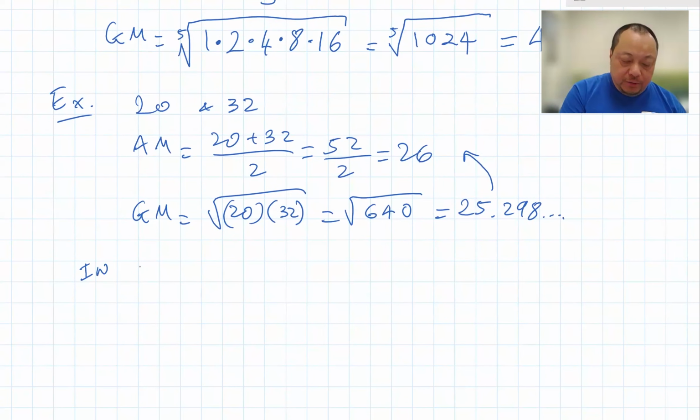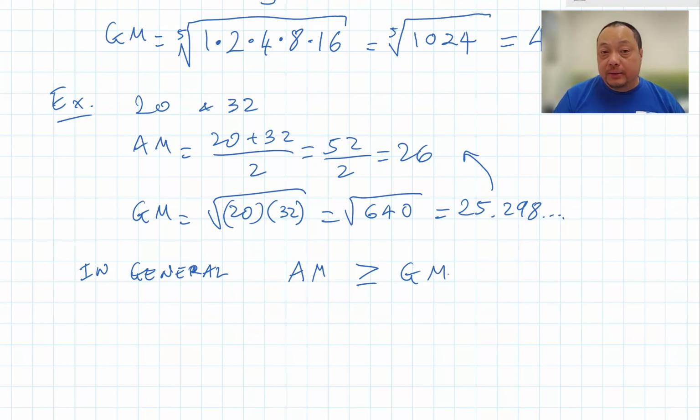And in general, the arithmetic mean is always greater than or equal to geometric mean. Okay, and that is because if you go from one number to the next on a straight line, then the halfway point is up here. Whereas if you go exponential, then you start out slow, but eventually you'll catch up.